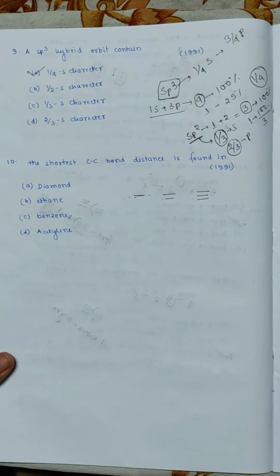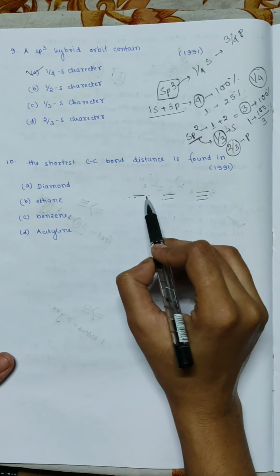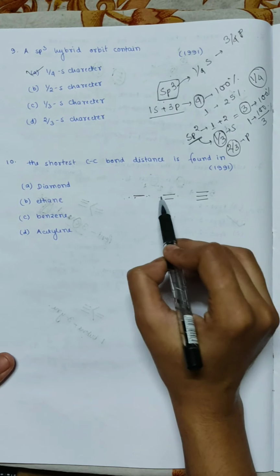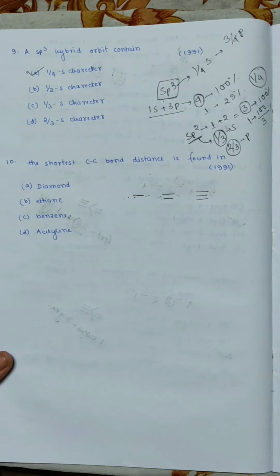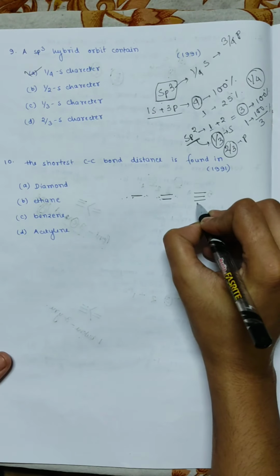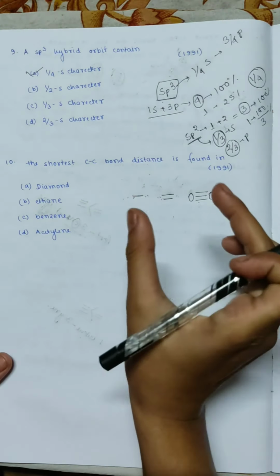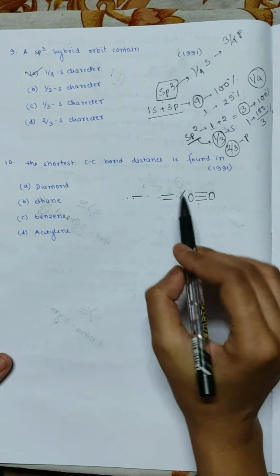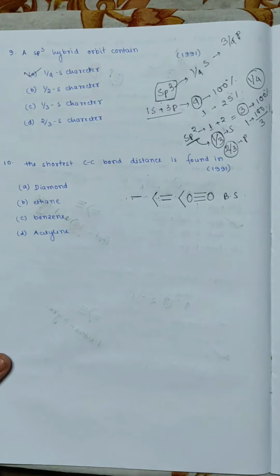Now we can easily understand that when two carbons are attached by one bond, the strength is less than when the same two atoms are attached by 2 bonds. So the bond strength will be highest in case of triple bond, because it can hold both atoms very strongly because of the 3 bonds present. So bond strength will be highest in triple bond, then double bond, and then single bond. This is the bond strength order.